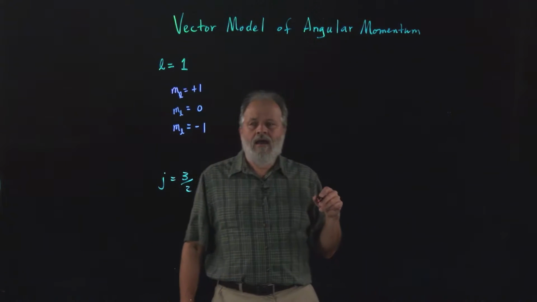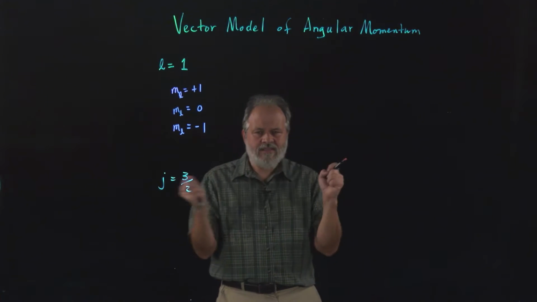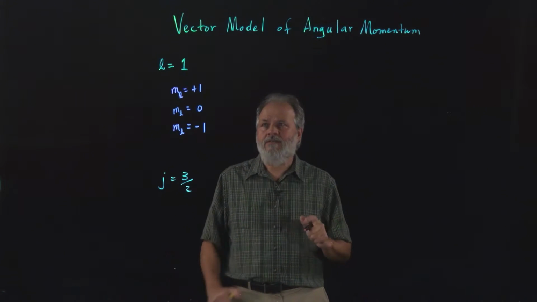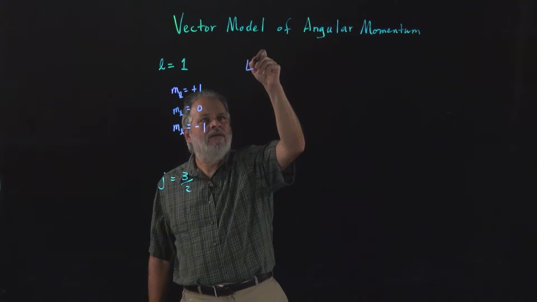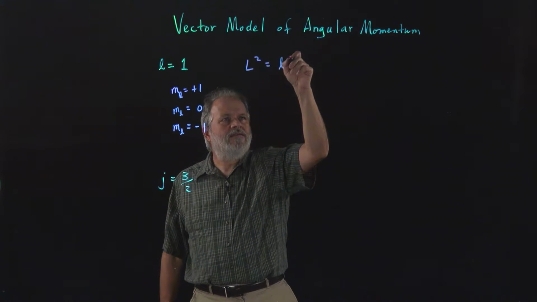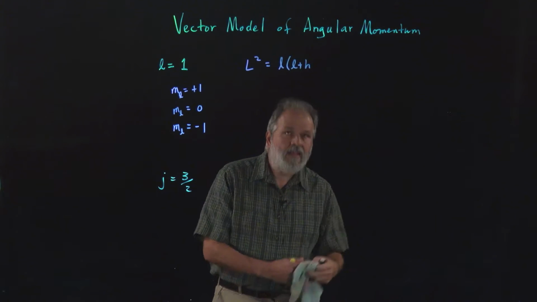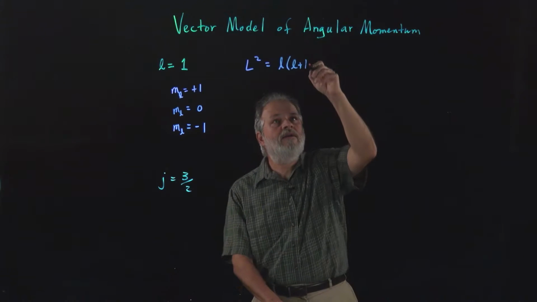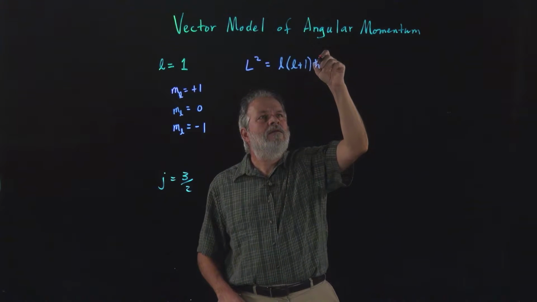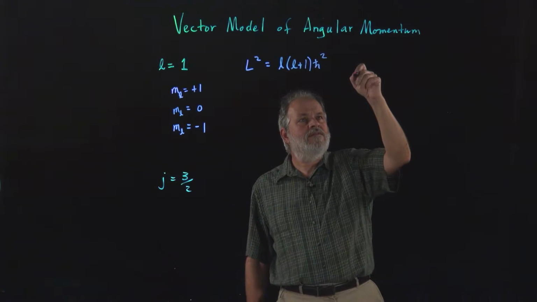Okay, so this gives the quantity, which is the length of the angular momentum vector. And the magnitude of the angular momentum vector, well, since L squared is l times l plus 1, h bar squared, then the length of the vector is the square root of this.